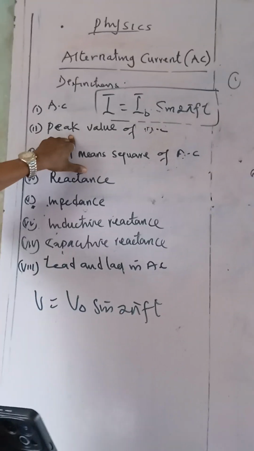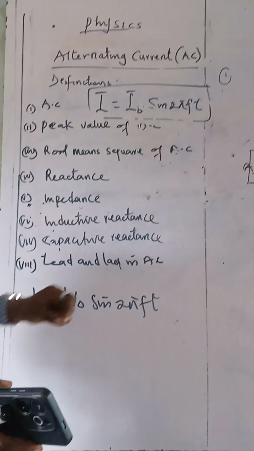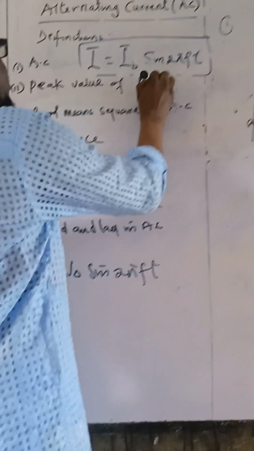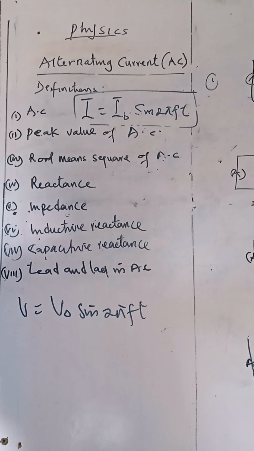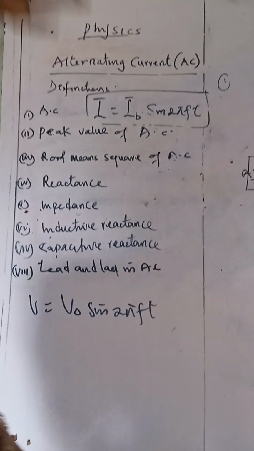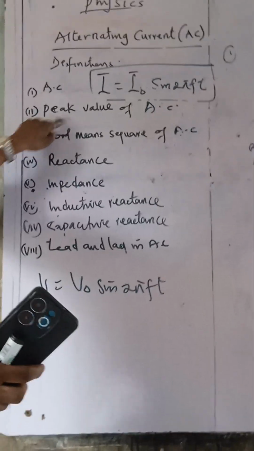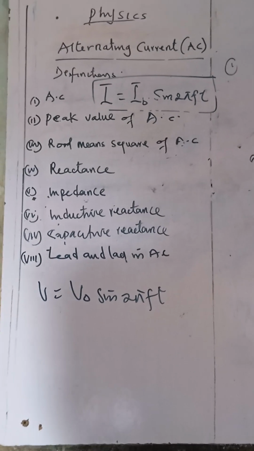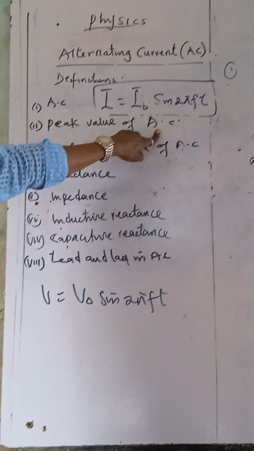Now, what value is called peak? Because here I call this one peak. How do we define it? This peak, this I naught, which is the peak value of what? AC. Very simple. When you hear peak, peak means maximum, the highest point, the top. So I can say the peak value of an AC is the maximum numerical value of what? AC.